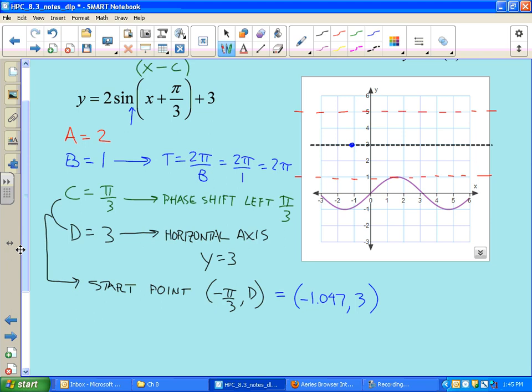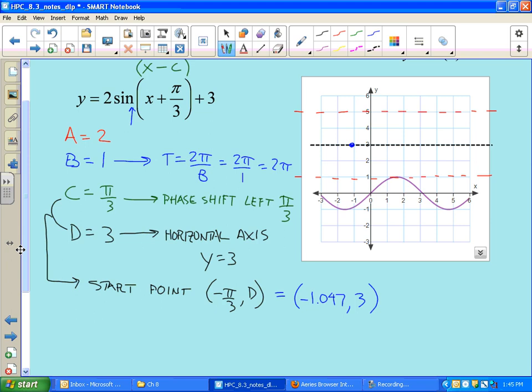What did we do yesterday? Cut it into quarters. We cut our period into quarters, and we know what happens at quarters of sine and cosine functions. At the first quarter of a sine function, where do I hang out? Generically, where do I hang out? The maximum.